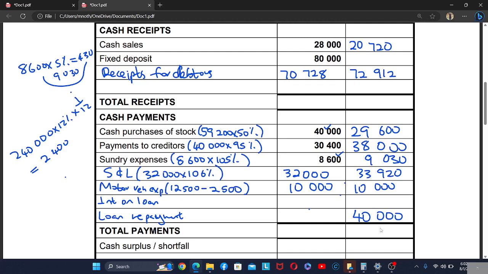So it's 2,400 the interest on loan for September.